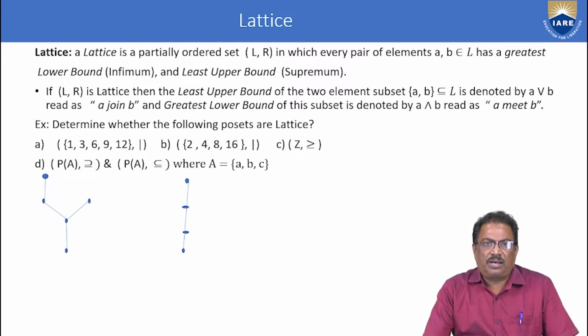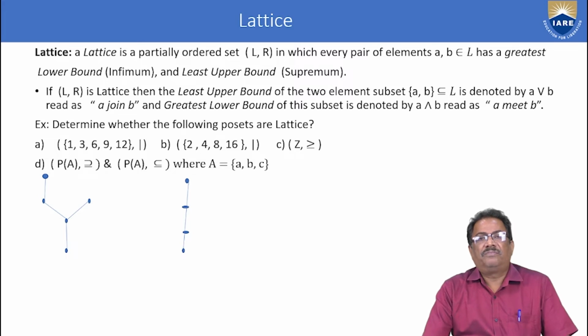A lattice is a partially ordered set in which every pair of elements A, B belonging to L has a least upper bound and a greatest lower bound.